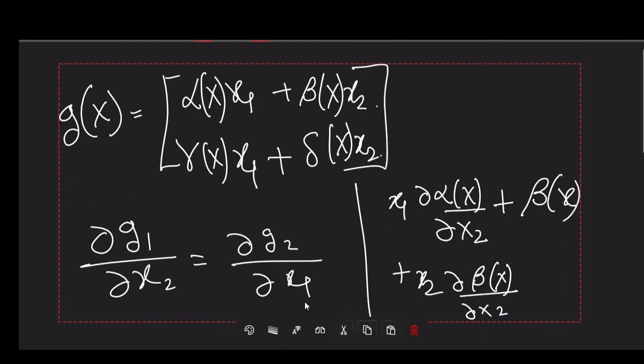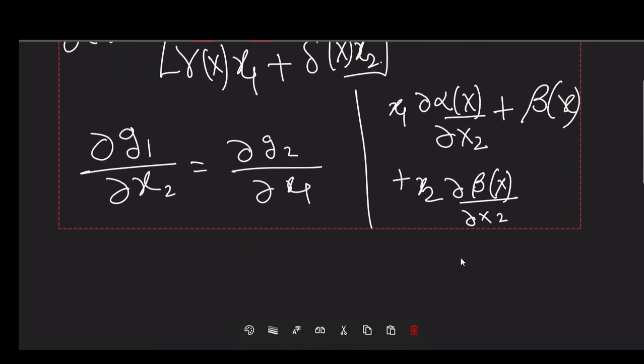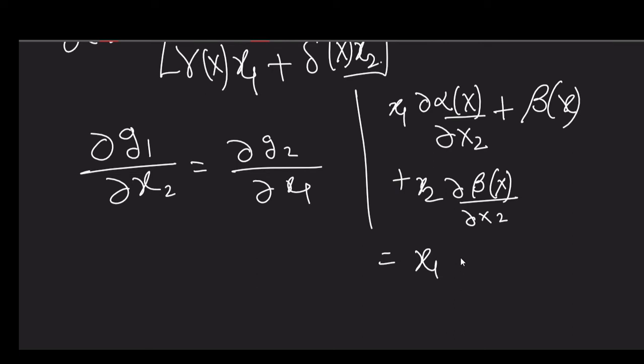So we can write here that the other part is equal to, this is our g2, so x1 delta(x) del x del x1 plus gamma(x).